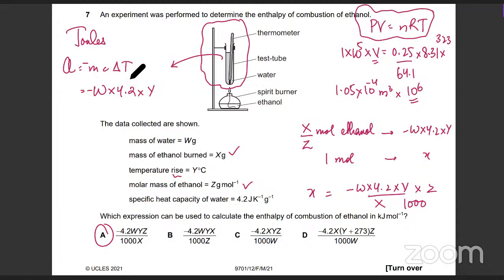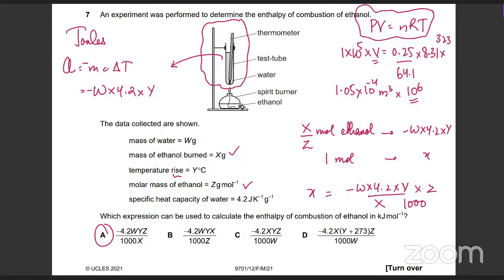Q = mcΔT is all about whether you are measuring the temperature of water. So the heat is going into water, so I just care about the mass of water, the temperature change of water, and the specific heat capacity of water, okay? Is that clear?